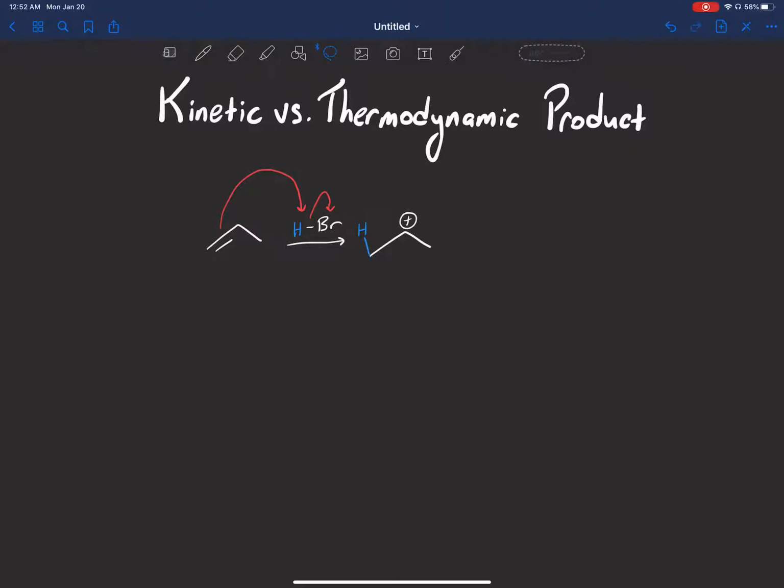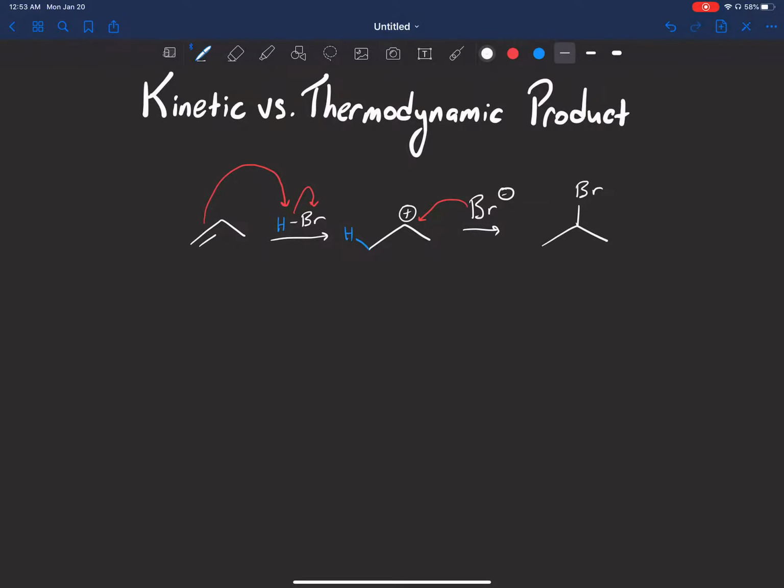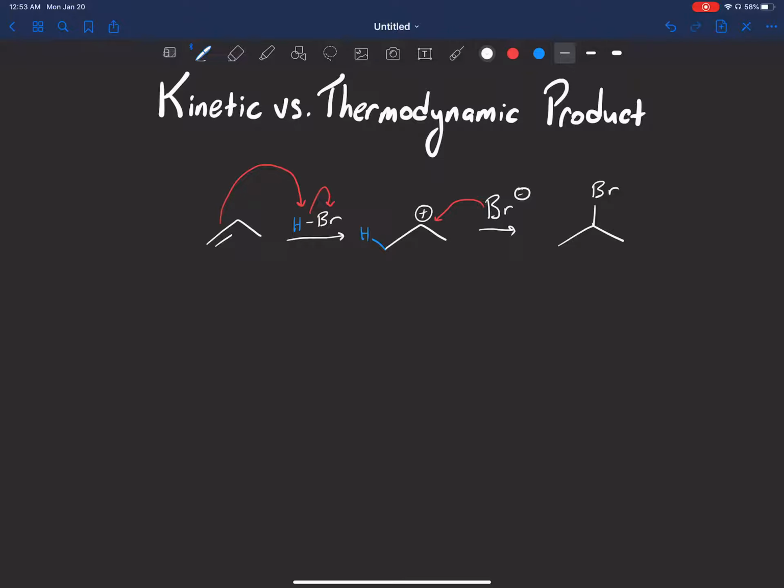Remember, the other hydrogens that existed on that carbon before are there, but I'm just focusing on that hydrogen. We also have this Br minus now, which attacks that carbocation, and we get this product. Hopefully that wasn't too bad, and you still remember that reaction.